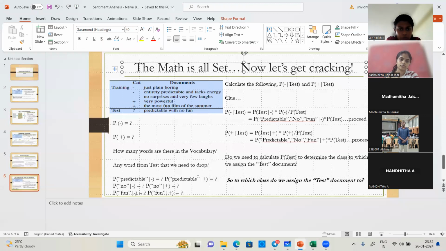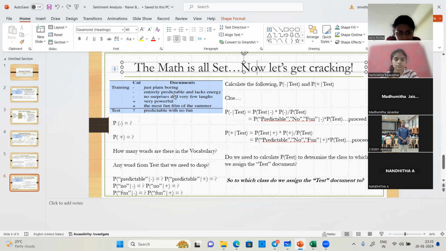Simple, folks. You already figured out the count of negative words: 1 by 14. One occurrence of the word no, and 14 words in the negative class.